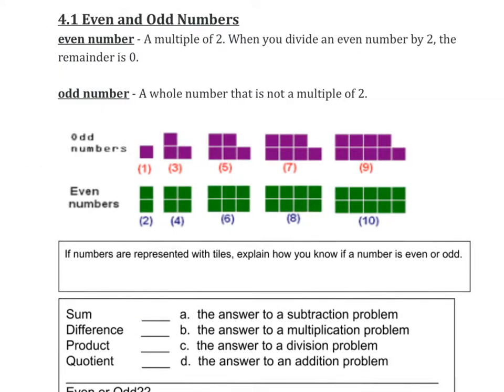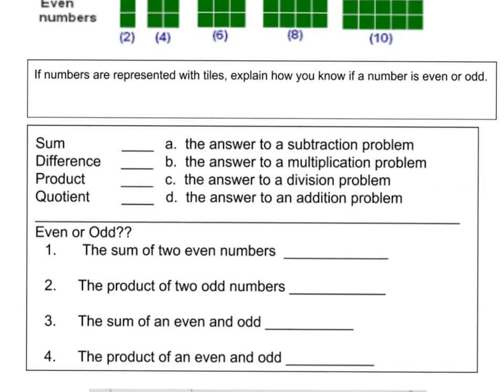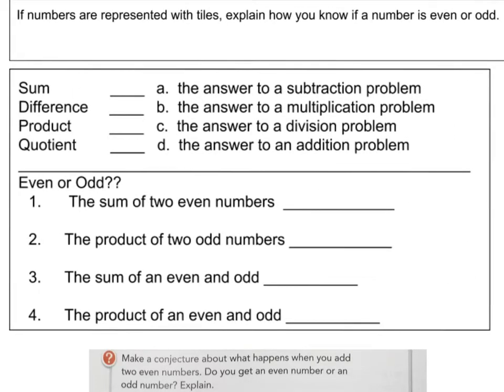Okay, so moving along with even and odd numbers. Let's answer a couple of these from your notes packet. You can do these: sum, difference, product, quotient. This should be a nice review for you. Now, even or odd, the sum of 2 even numbers. So the best way to do problems like this, just write some out. The sum of 2 evens. Let's do 4 plus 4, 8.